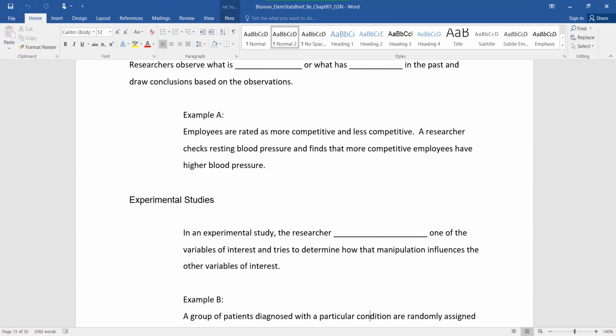This is an observational thing. This is not something that we're doing. We literally just go, all right, people are broken down into these categories. We checked every single one of their blood pressures, and we saw that more competitive people had higher blood pressure, probably higher stress levels, really what we conclude there. But we go with just what we saw with just observations. Does that make sense? Okay.